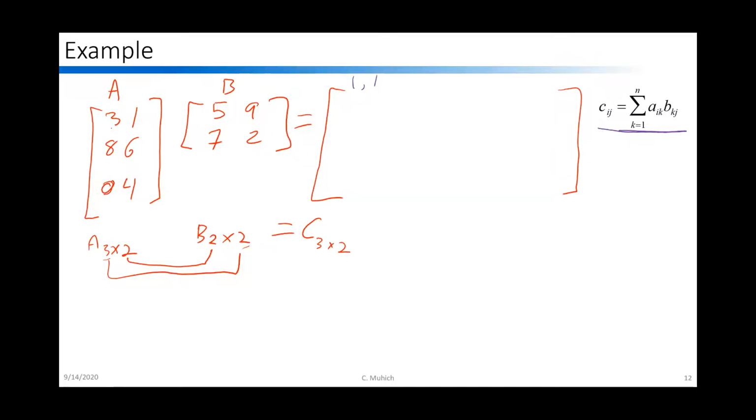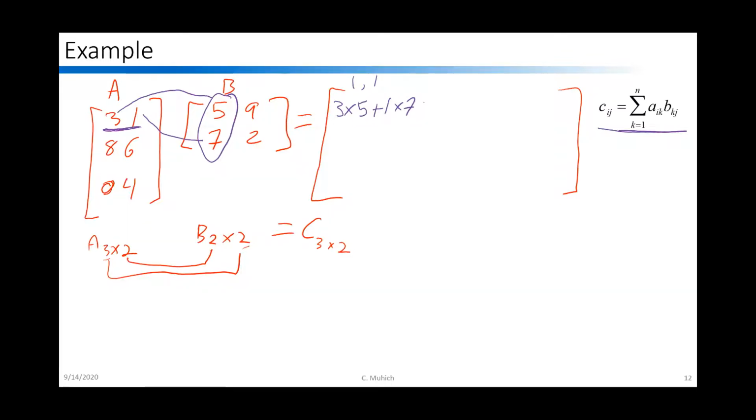I'm going to take this first row of matrix A, and I'm going to take the first column of matrix B. So 3 times 5 plus 1 times 7.